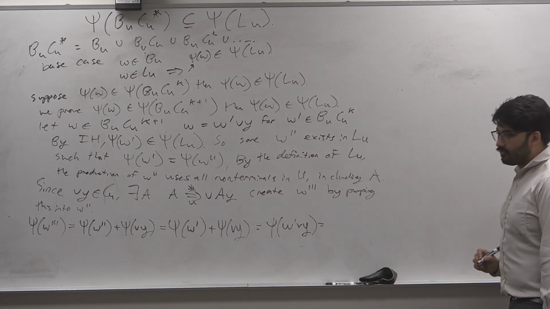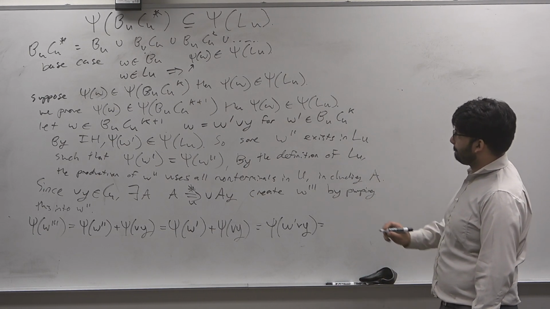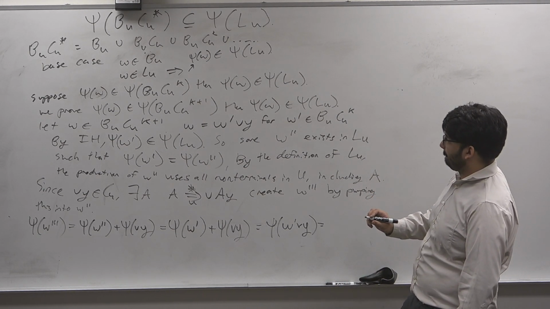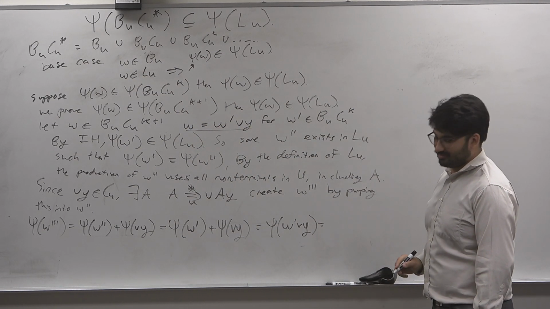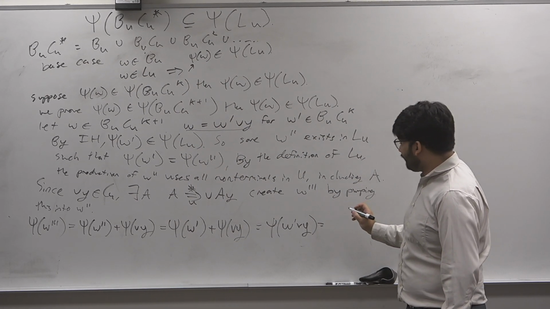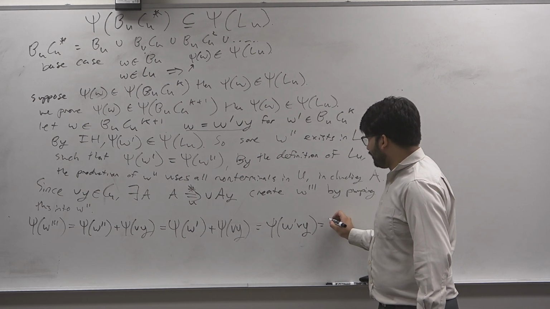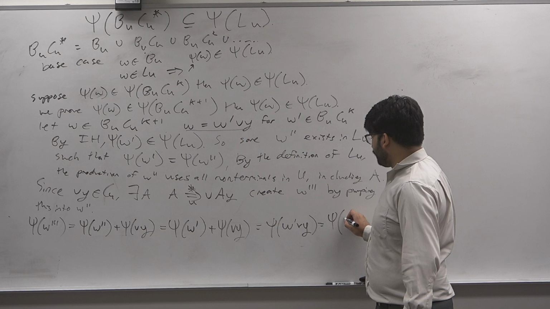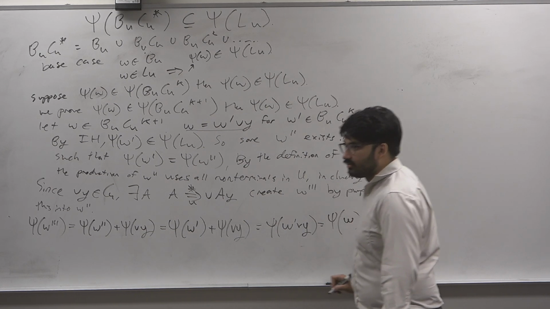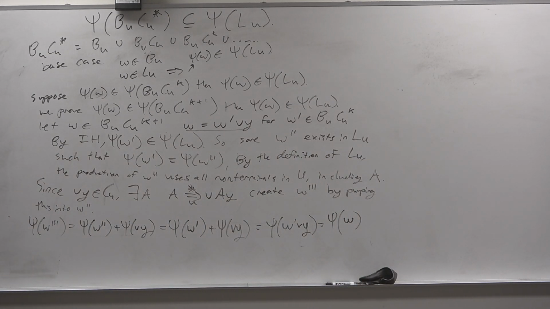What do you know about W prime Vy? It's an element of, or frequency is an element of BUC. Even simpler, it is simply the frequency of W, right? So what do we know about the frequency of W?